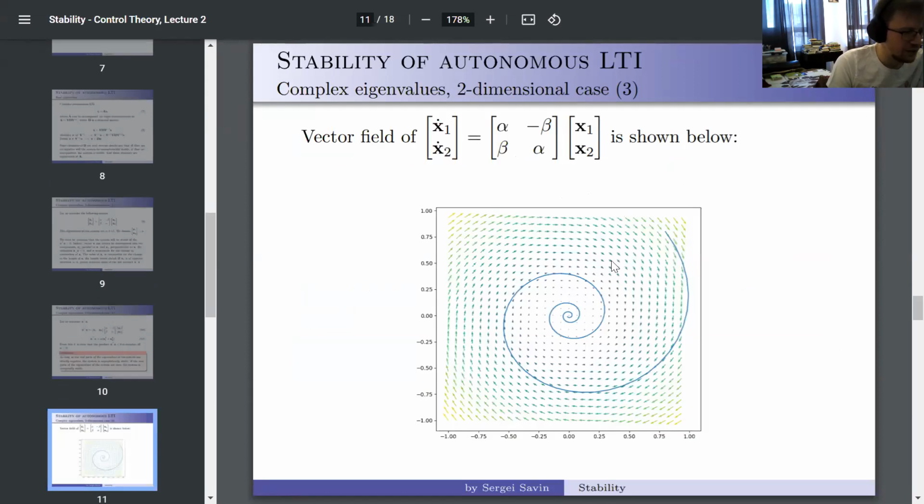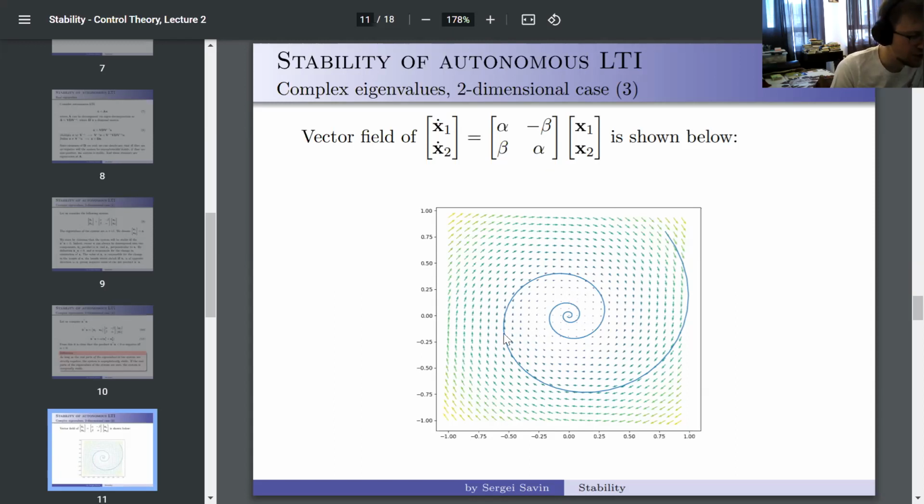Here is, by the way, what we call a phase portrait. All those small arrows are x dot, and the line is the solution. Those axes are x1, x2. And you can see how the solution looks for a stable system. This is an asymptotically stable system.